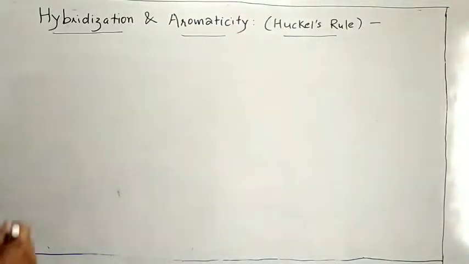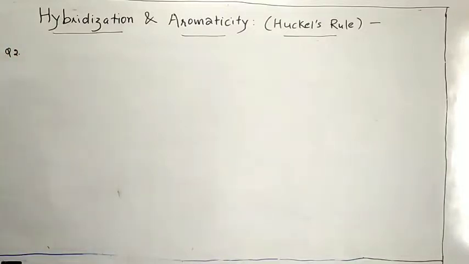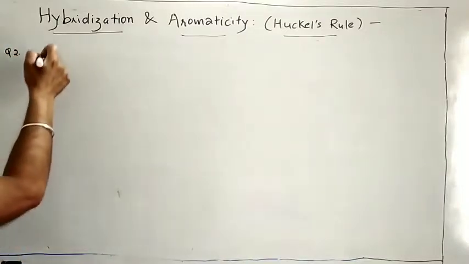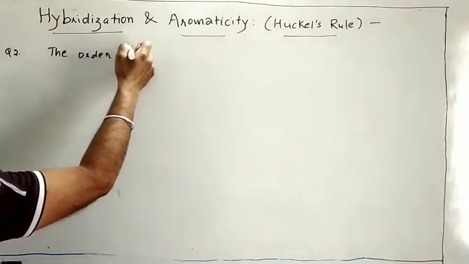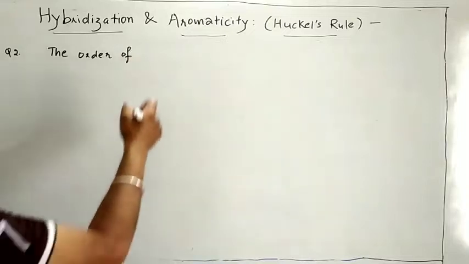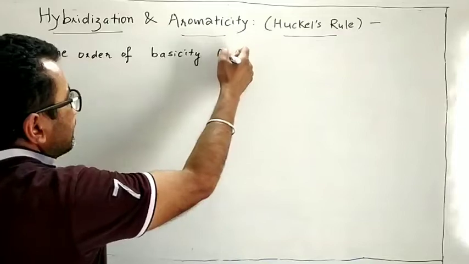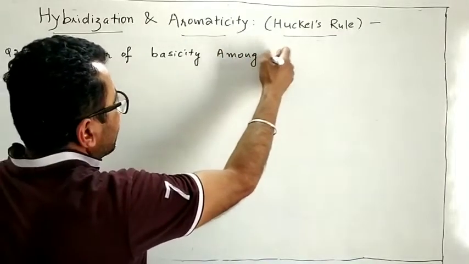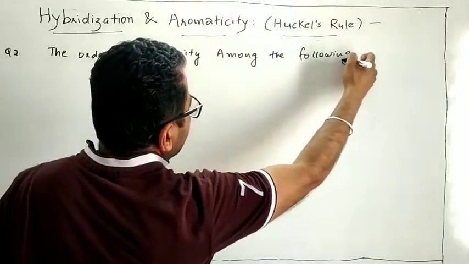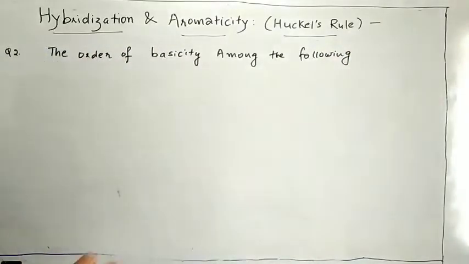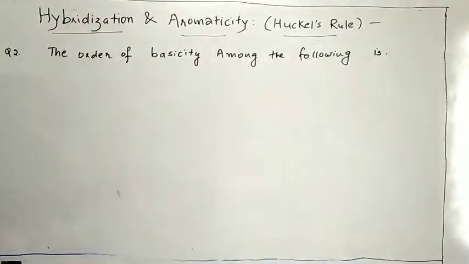This is a very simple question. You can solve it with the help of the hybridization concept if you know it well. The order of basicity among the following. 4 compounds are given.